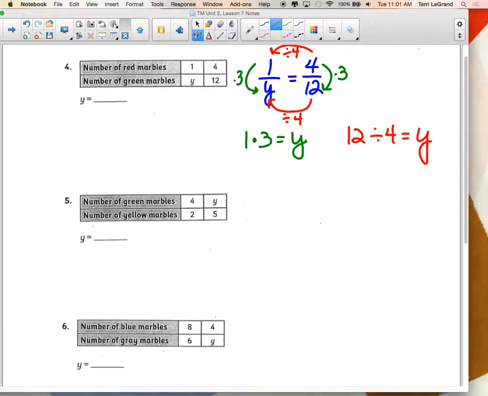Y is representing the unknown. 1 times 3 equals 3. 12 divided by 4 equals 3. Either way we get 3. So this is called an OR situation. You did not have to do both. Horizontal strategy was friendly, and so was vertical strategy.